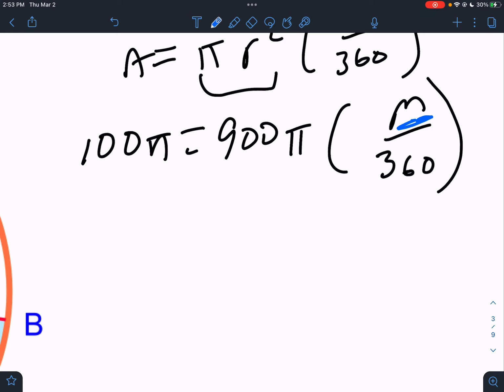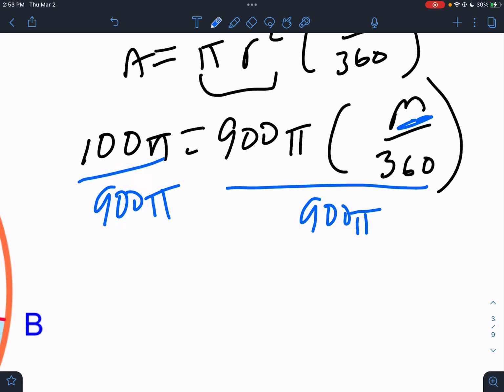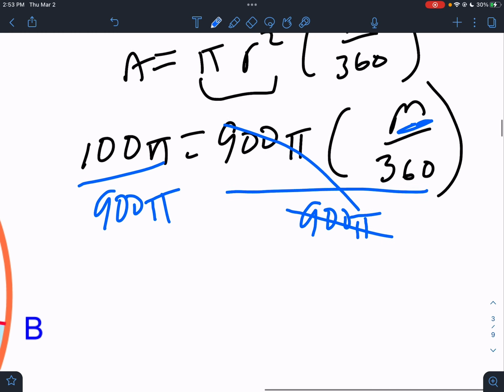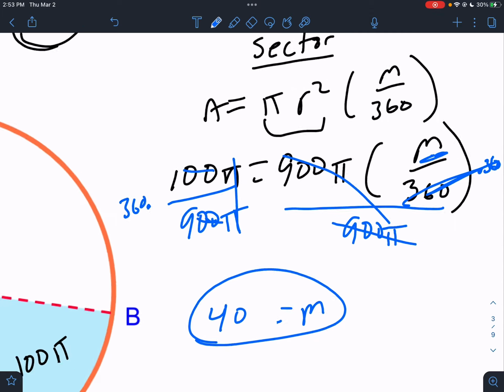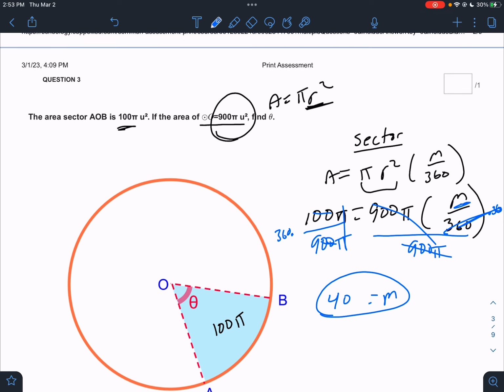So we divide by 900 pi, cancels out over here, and we do times 360, cancels out, and we're left with m, and then over here we have all this. Well, the pi's cancel out, the zeros cancel out, so really this is 360 divided by 9, and that's going to be 40. So there's a few ways you could have thought about it, but here we are. That is the answer.